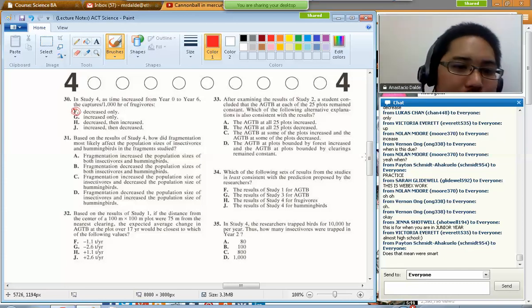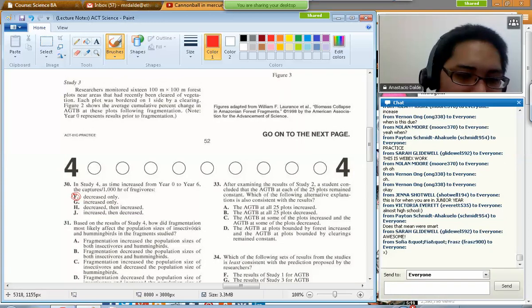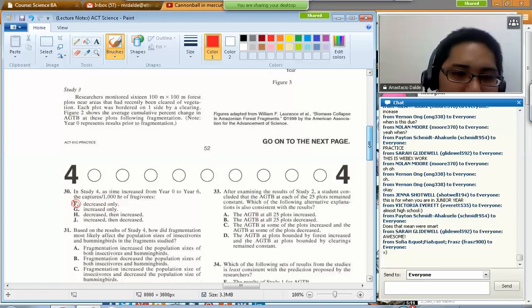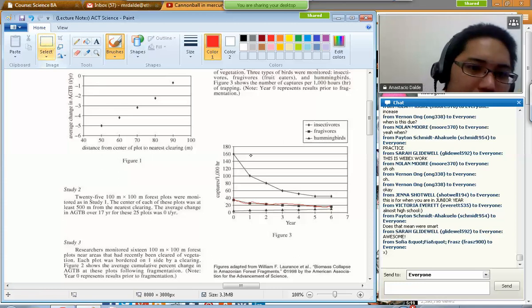All right, based on the results of study 4, how did the fragmentation most likely affect the population sizes of insectivores and hummingbirds in the fragment studies? Okay, look at chart number 4. I'll copy and paste it for you.